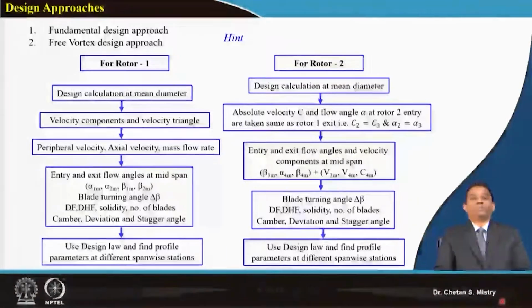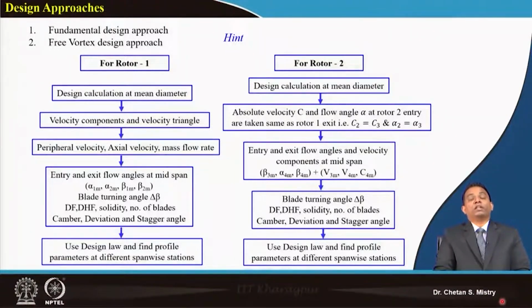So we will be calculating the mean diameter for rotor 1, and all parameters will be calculated at the mid station. Based on our design fundamentals, we will opt for different stations along this blade. Now for rotor 2, as we discussed for a conventional stage, the absolute velocity coming out from the rotor is assumed to go to the stator.